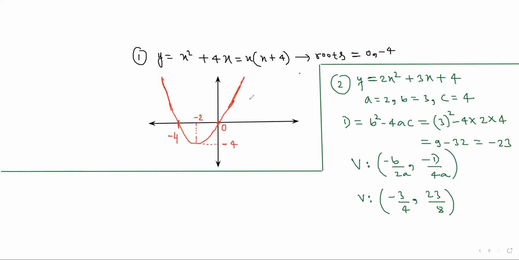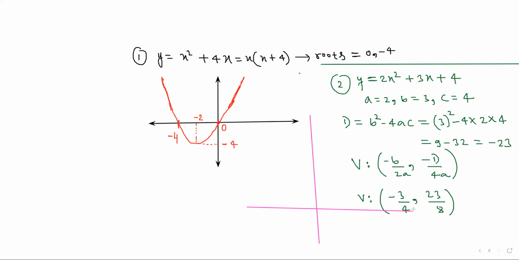So the curve. Okay now. This is minus 3 by 4, and this is minus 23 by 8.